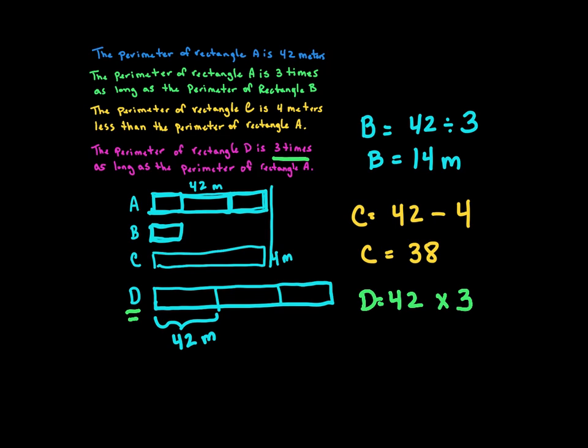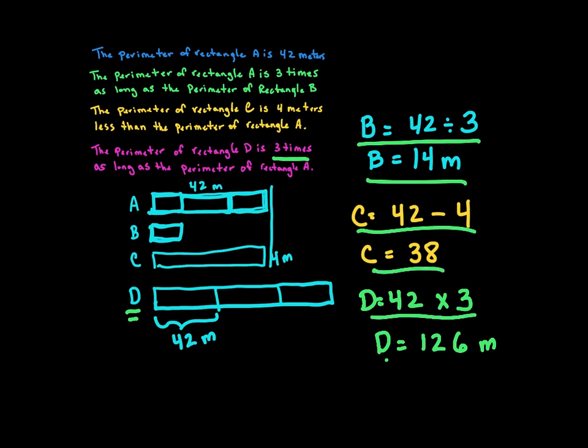And this is our equation, 42 times 3. So D is equal to 626 meters. All right, so we have all of our equations. We solved for each one of these equations for this big problem. There's a lot of information there, but everything is being compared to rectangle A.